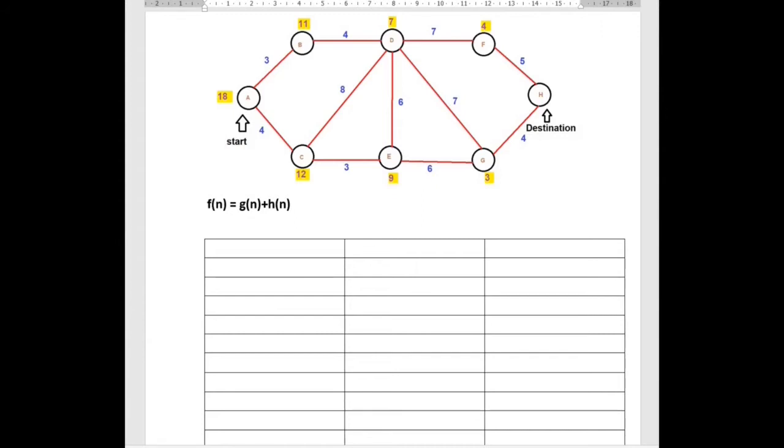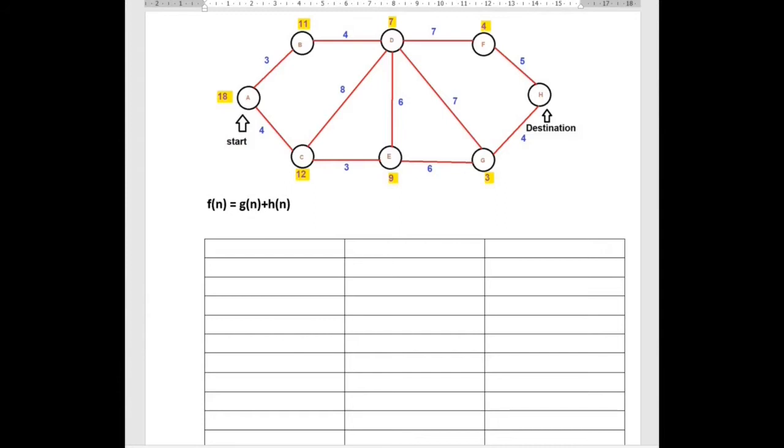Here F is the sum of G and H. N is the node, G is the cost of reaching that particular node, and H is the heuristic value from that particular node to the destination.